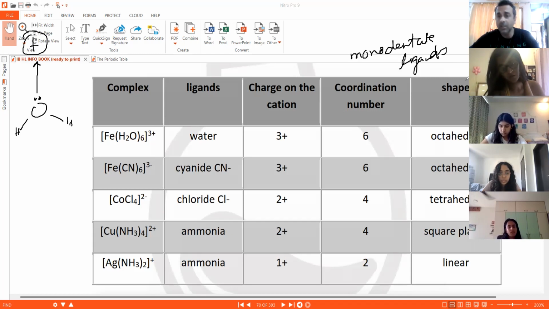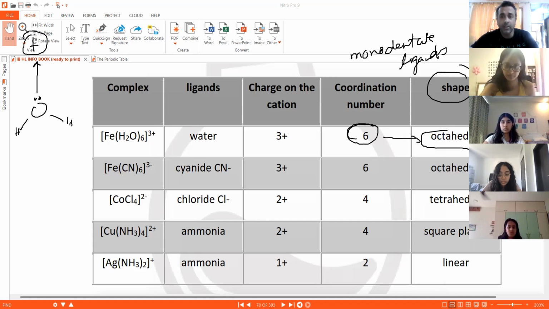Shape of the complex ion. Shape of the complex ion completely depends on the number of coordinate bonds. It only depends on the number of coordinate bonds. So whenever the number of coordinate bonds is 6, the shape has to be octahedral. If the number of coordinate bonds is 2, the shape has to be linear.